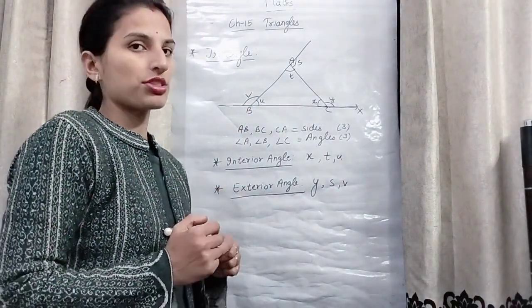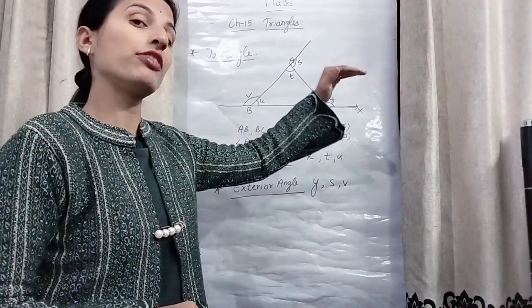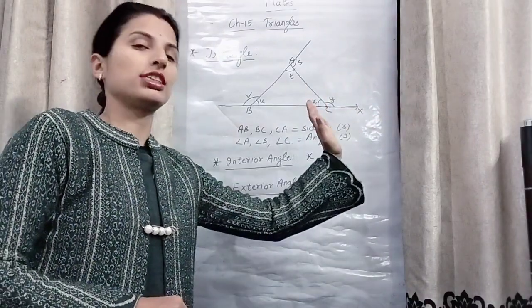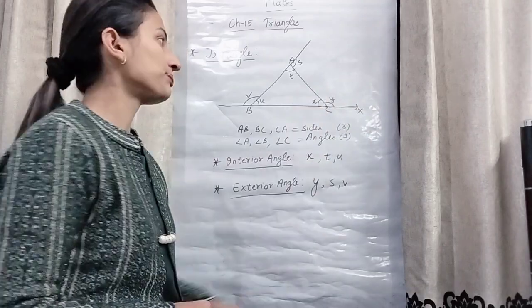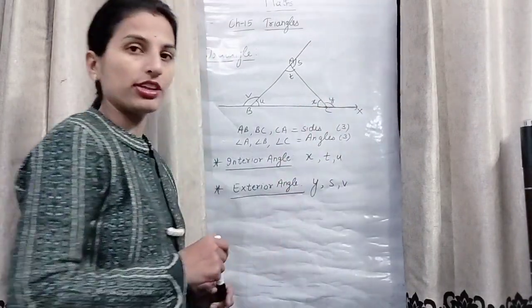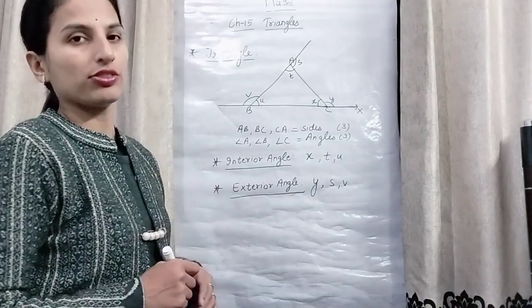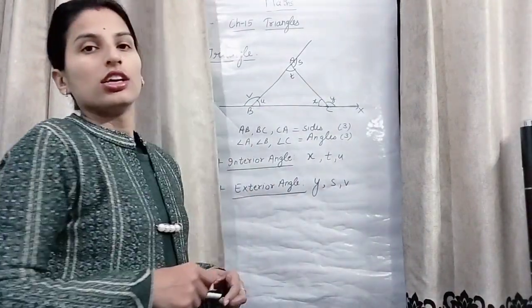So understood the concept of exterior angle: when we extend any one side of a triangle, the angle formed by the extended side and the adjacent side of the triangle is the exterior angle, and the interior angle is formed between the two sides of the triangle in the interior of the diagram. So this is interior and exterior angle.